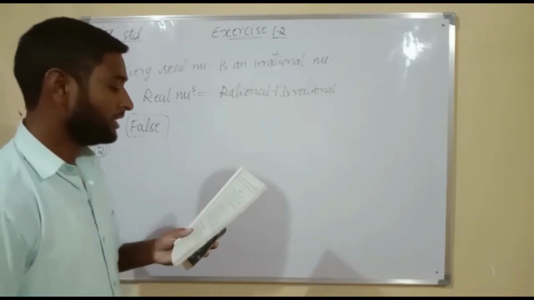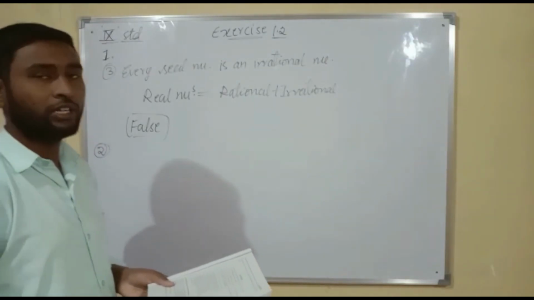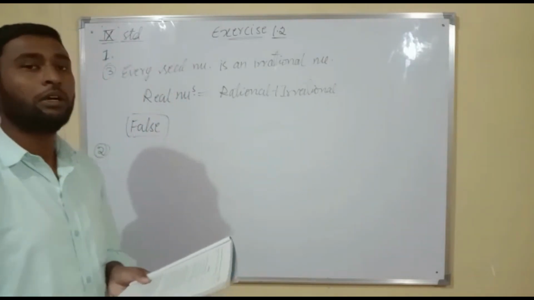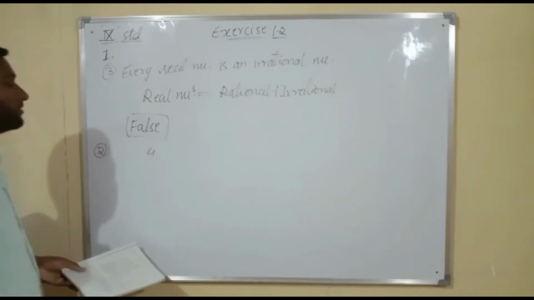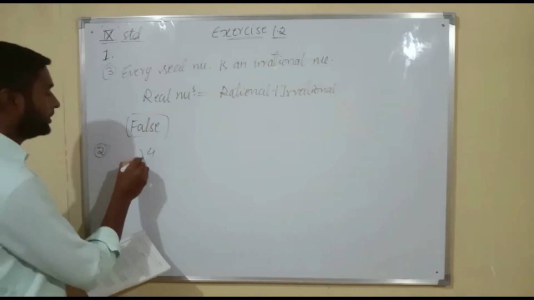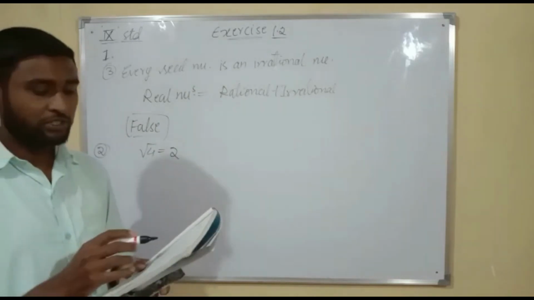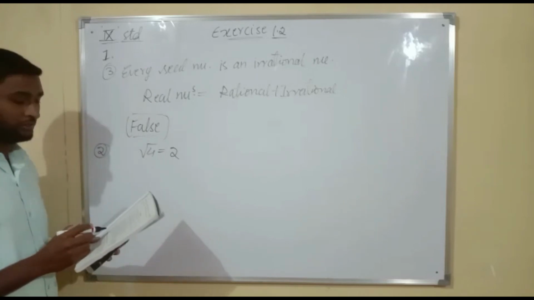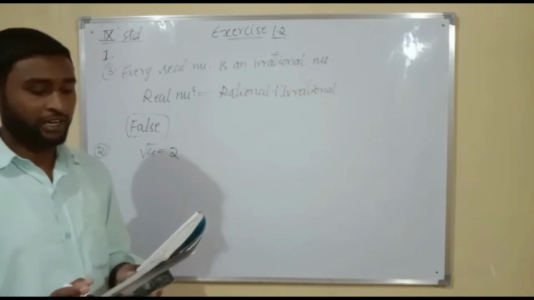If you look at the square roots of the positive integers, for example 4 is a positive integer. What is the square root of 4? As you know, it is 2.